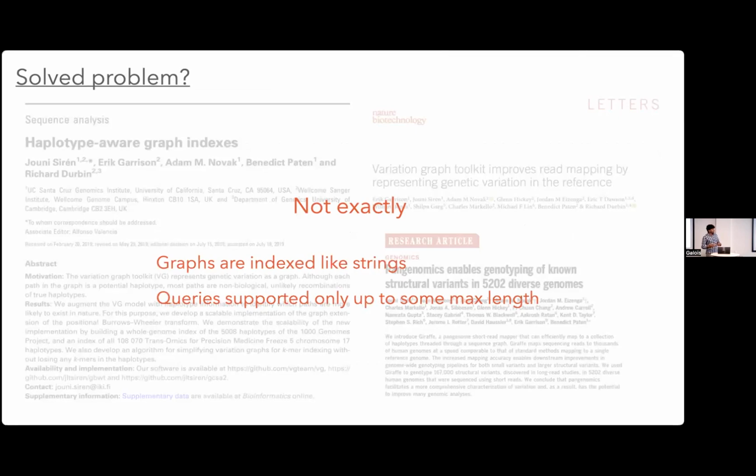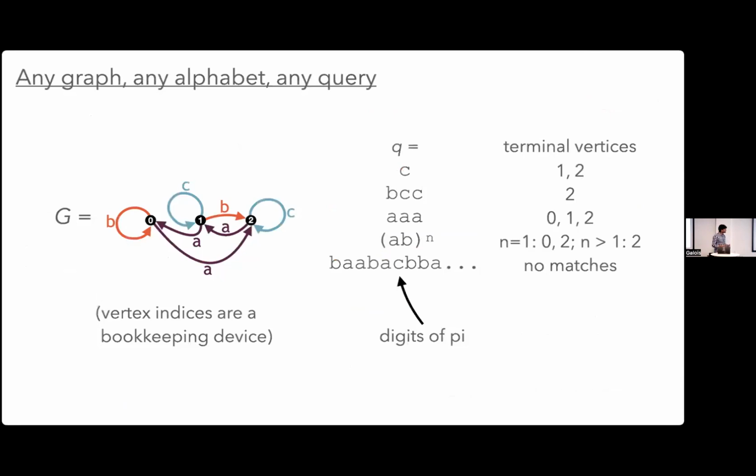What it does is it enumerates all walks in these graphs up to some maximum length, and then it indexes them with a suffix array, or compressed suffix array, and then it layers on graph structure with auxiliary data structures that encode it. But I want to index a graph like it's a graph, an arbitrary graph, an arbitrary alphabet, and importantly, to accommodate arbitrary query lengths.